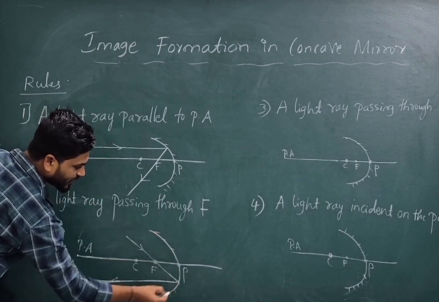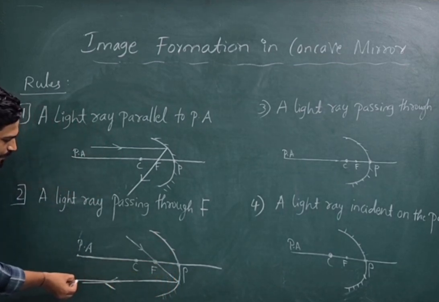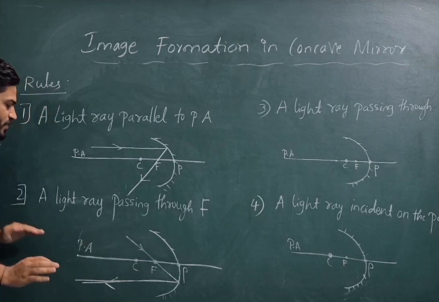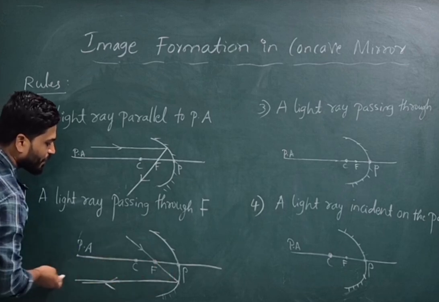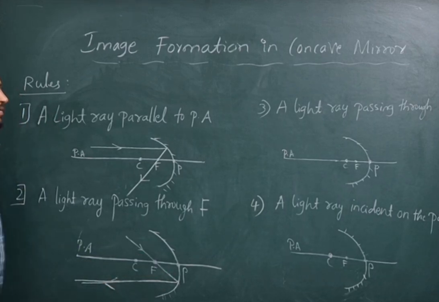After hitting this reflecting surface, it will become parallel to the principal axis. This is the principal axis. Very simple. Second rule: when a light ray is passing through the principal focus, after hitting this reflecting surface, it will become parallel to the principal axis. In this way it will go, and in this way it will become parallel to the principal axis.